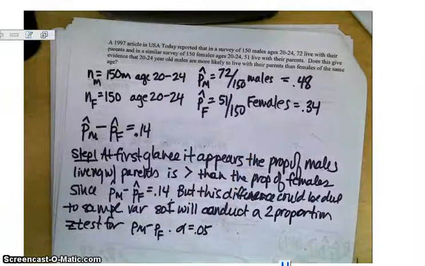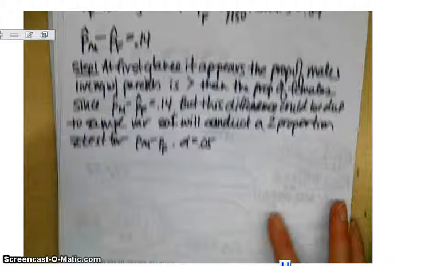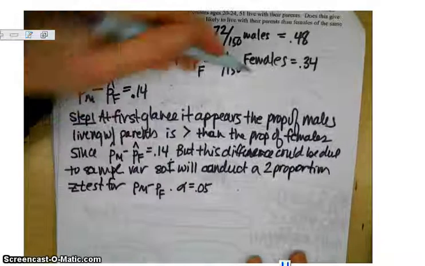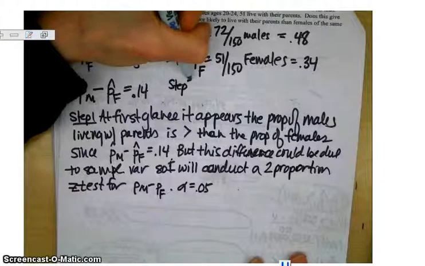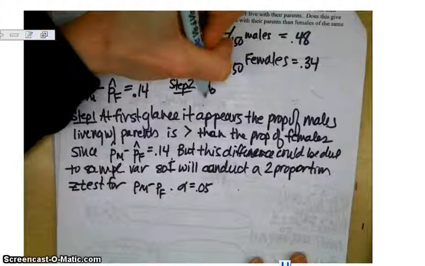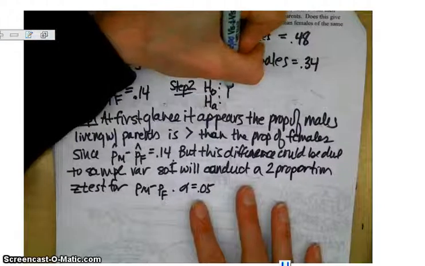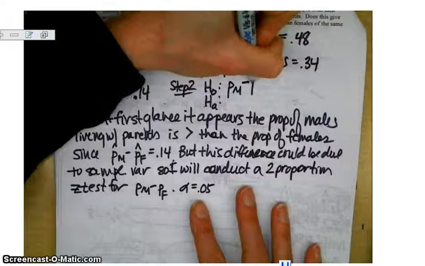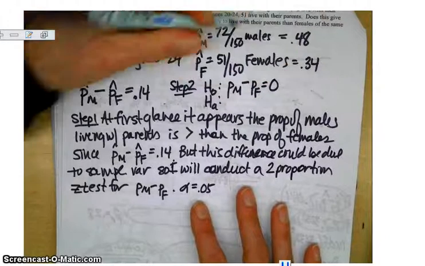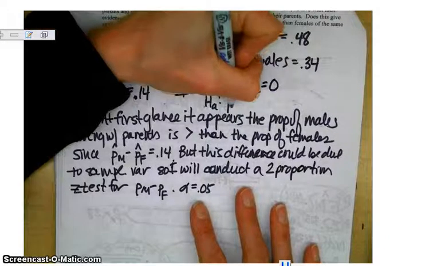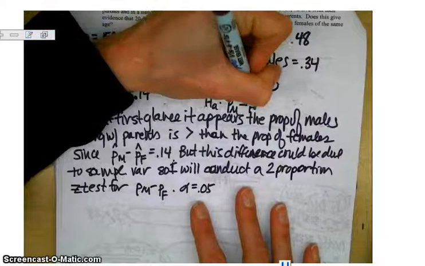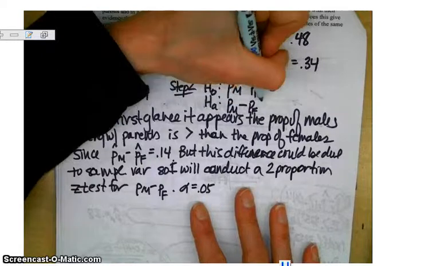Okay, so we picked our alpha, and now we are going to write our hypotheses. I'm going to do step 2 here: our null hypothesis and our alternative hypothesis. Our null is that the difference in the proportions is what? 0. And the alternative is the difference in proportions is greater than 0.